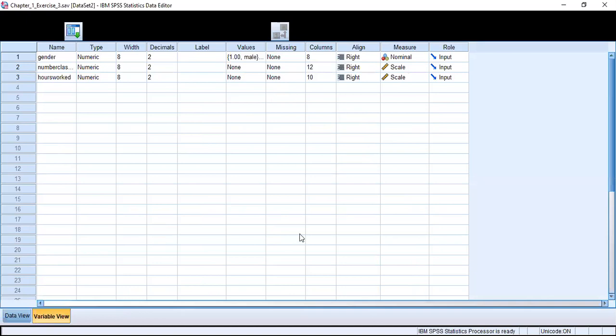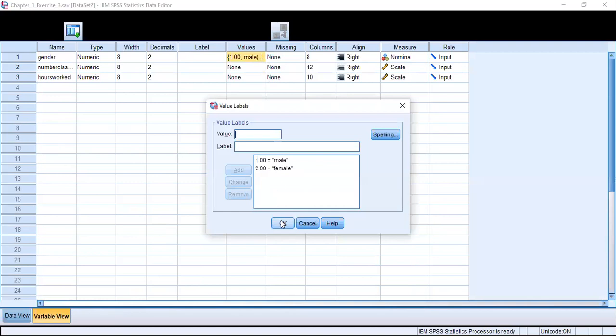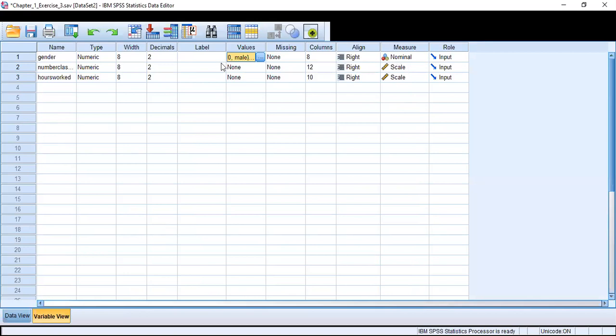Coming to the variable view, we have the gender already given to us. Values: male is 1, female is 2, and we have nominal data over here. Number of classes and hours worked are scale data, so we need not keep value labels. The values themselves have a meaning.